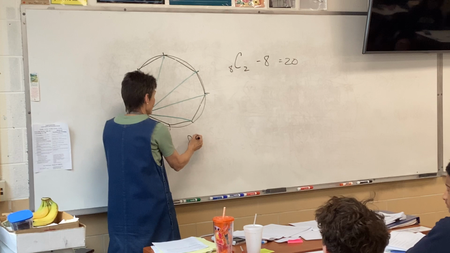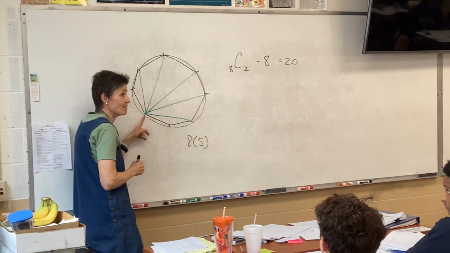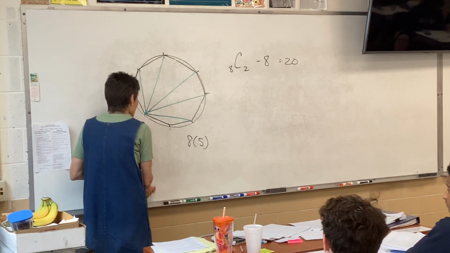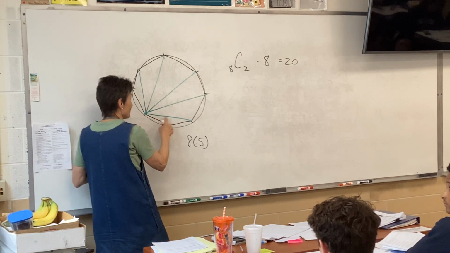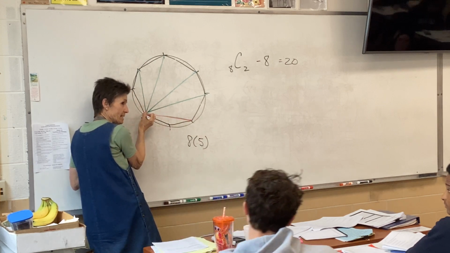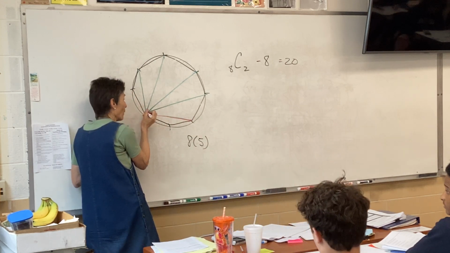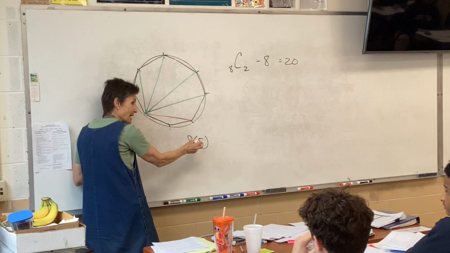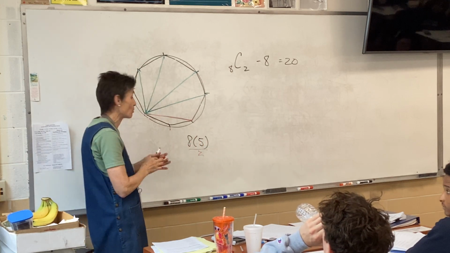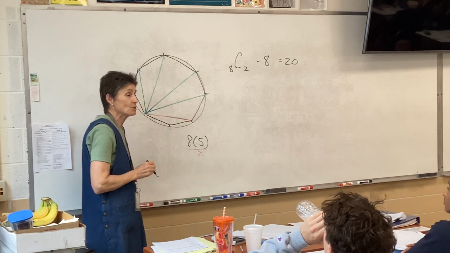So there's 8 vertices, and I can draw 5 diagonals from each one. But if I have already counted this one, I cannot count this one. Agreed? So every one of those is counted twice. So I've got to divide by 2, and that will give me my answer. So that's another way to do it.